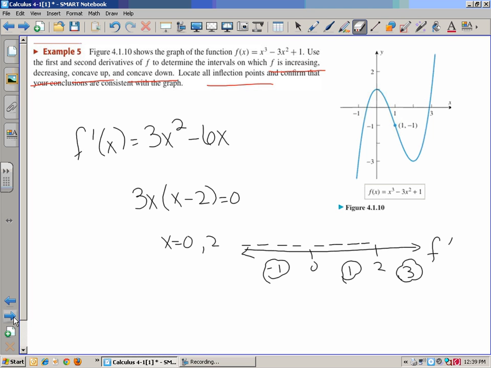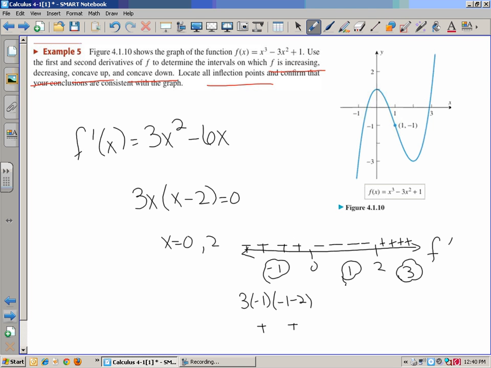Oh, this column, you silly girl. Negative times a negative is positive. A positive times a negative is negative. And a positive times a positive is positive. Okay, so here's what I did. 3 times -1 times -1 minus 2. This is a negative, and this is a negative. 2 negatives make a positive.